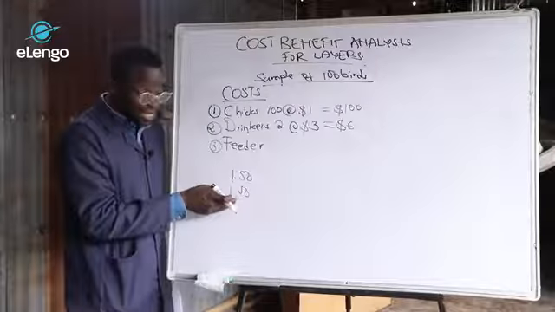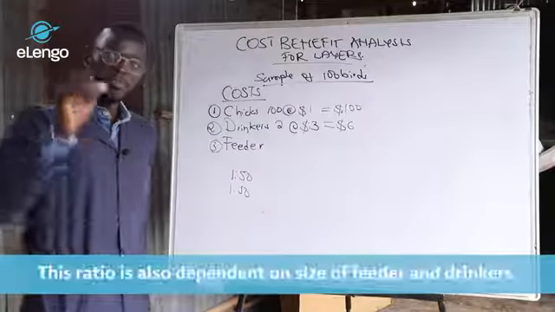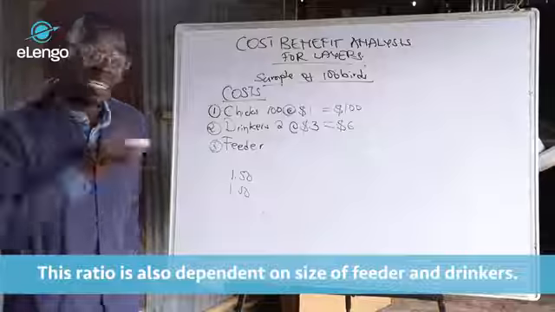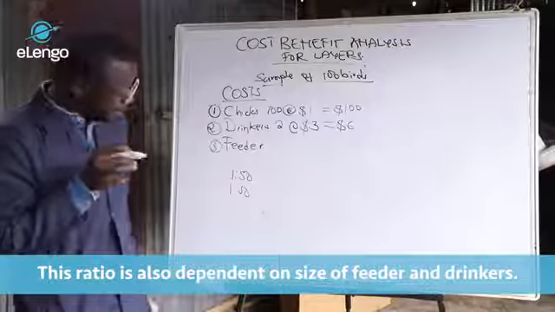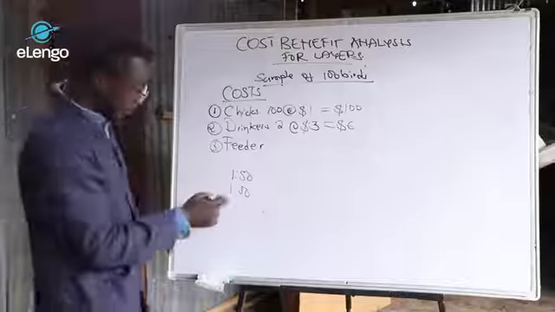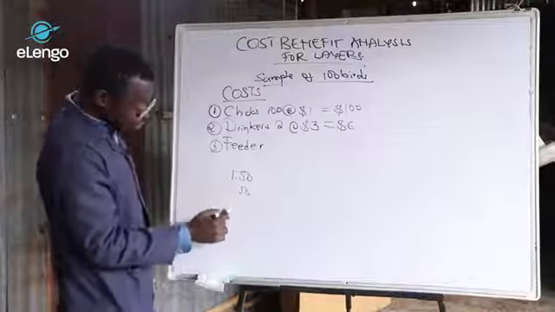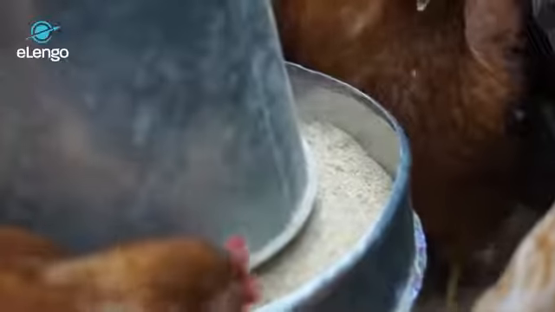Therefore, this one is only applicable to the person who is using a bell feeder, and this bell feeder should be at least 8 kgs. That is the only time this ratio can apply. Failure to use this bell feeder, don't use this ratio.